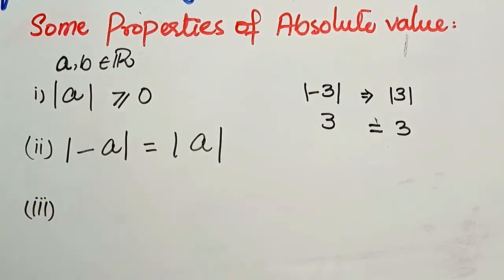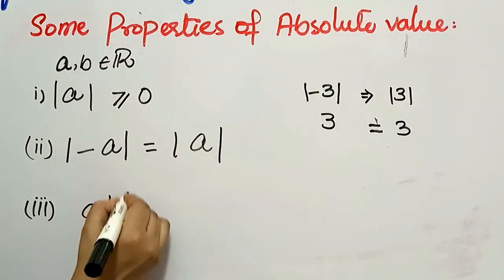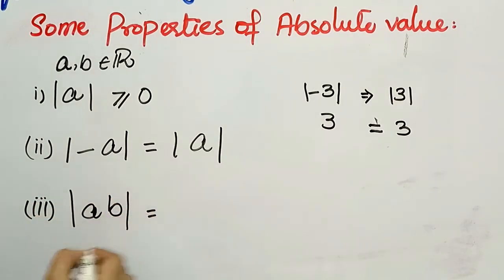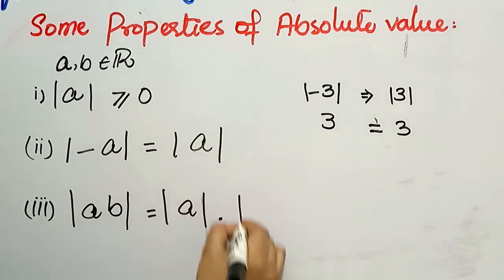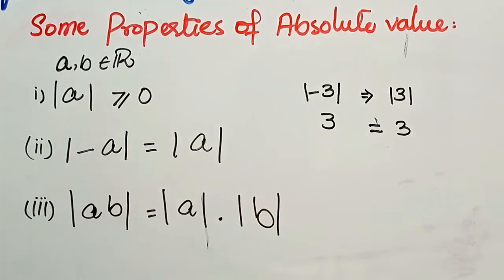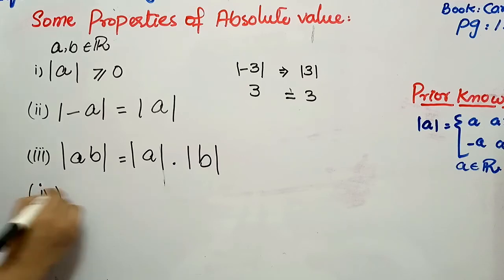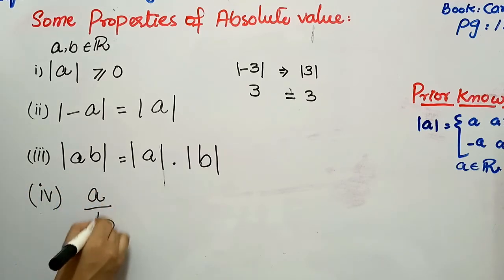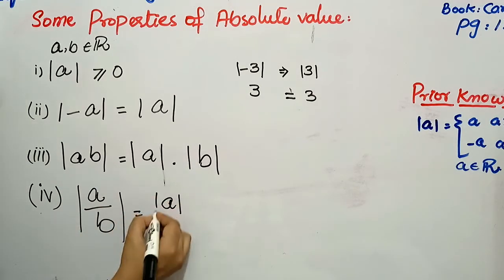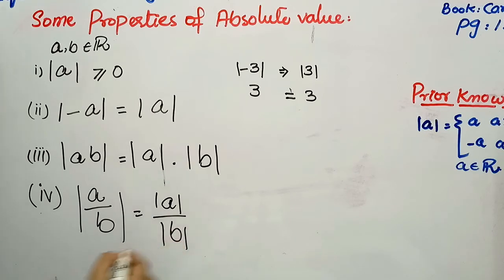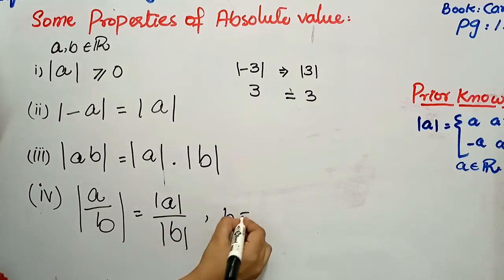Let's discuss the third one: mod of ab is equal to mod of a into mod of b. The fourth property is, if we are going to divide a by b and take the whole modulus, then it applies as mod a divided by mod b, for b not equal to 0.